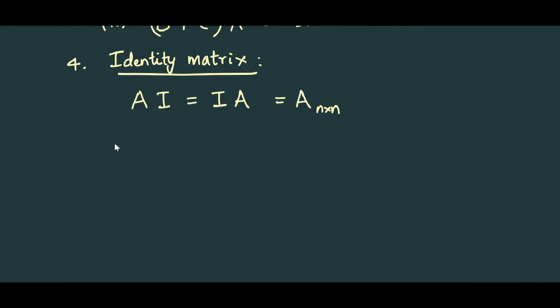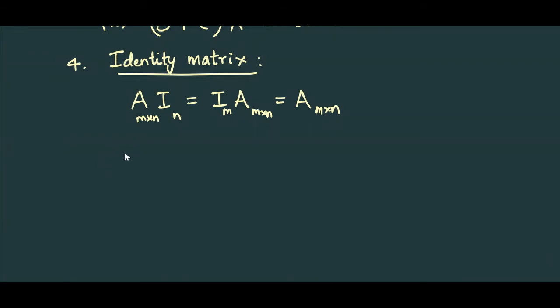Suppose A is m cross n, let us say, then I has to be n cross n, and this I has to be m cross m. Then in this case this will be an m cross m matrix. Did we understand?